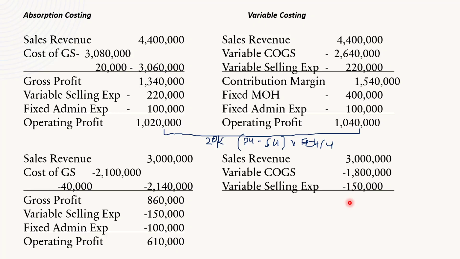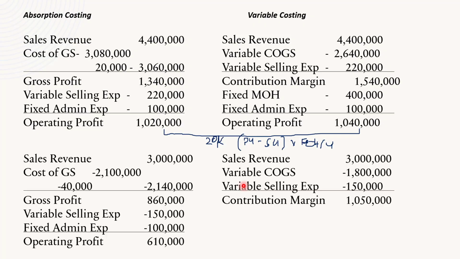And then you have a gross profit of, nagkamali ko. When you deduct the variable cost from sales, this would give you your contribution margin, which is 1,050,000. Contribution margin yung tawag dyan.